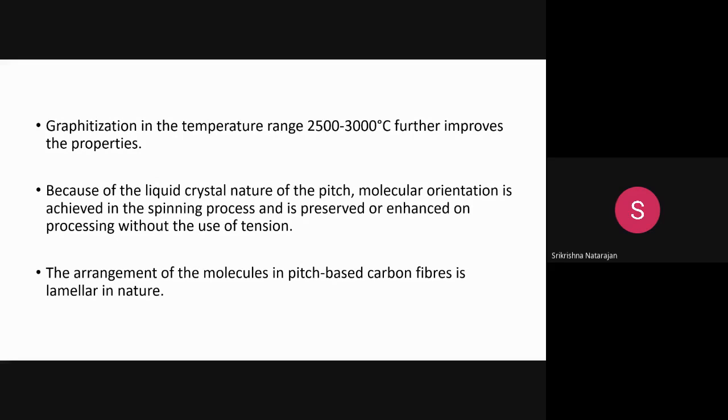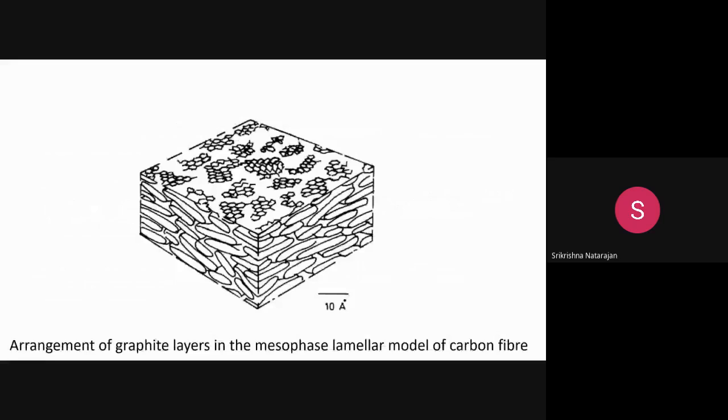Here, if you observe, during the heating first stage, during the oxidative stabilization stage itself, we have converted the pitch into the mesophase pitch, where it has a liquid crystal nature, so that because of the liquid crystal nature, the orientation is achieved in the spinning process, which is the melt spinning process, where without any kind of tension, the molecules will get arranged and you will get a lamellar type of structure, like a uniform model, which you can see in this diagram.